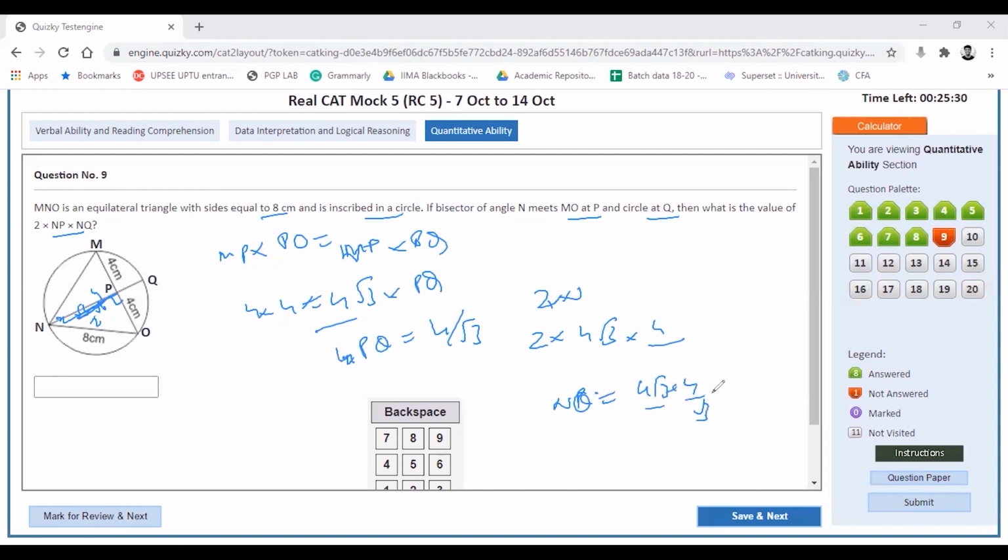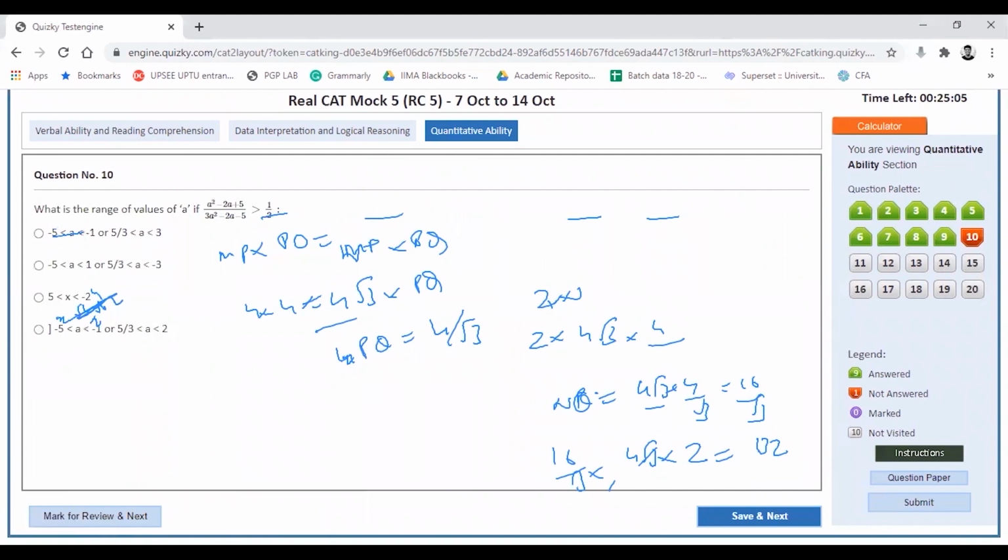This is 12 plus 4, 16, 16 by root 3 into 4 root 3 into 2. The root 3 cancels, and this gives 128. Thankfully I realized my mistake in the correct time, so I can correct it. It becomes really important to read the question carefully.